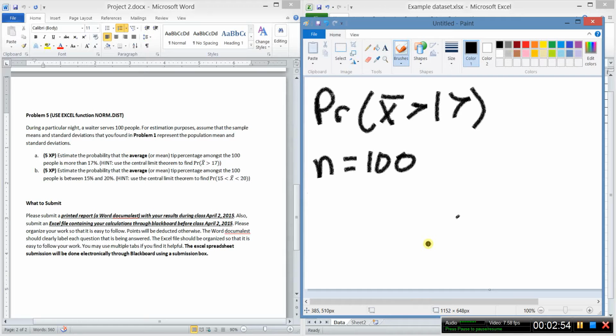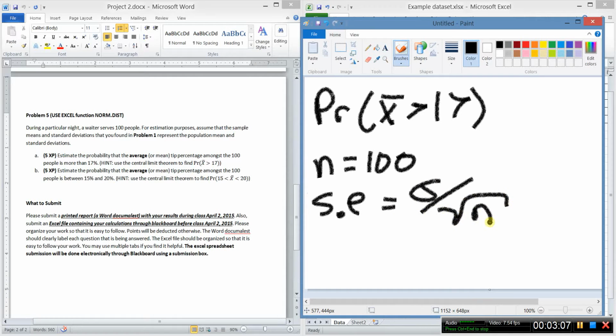So what's the standard error for that normal distribution? It equals the standard deviation divided by the square root of n. We're going to need that.